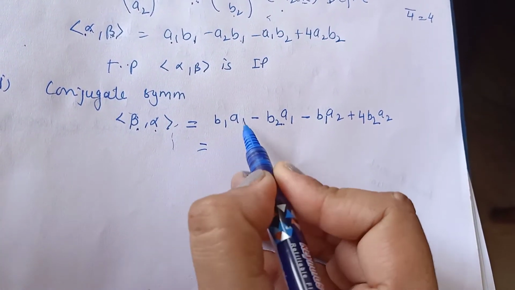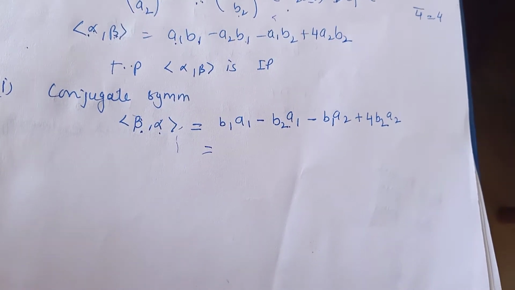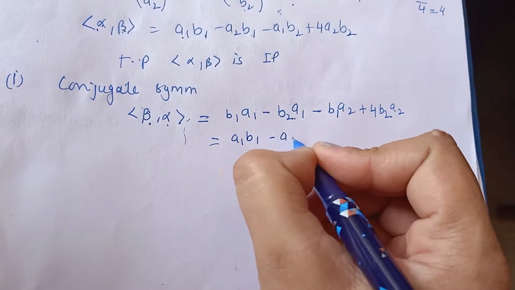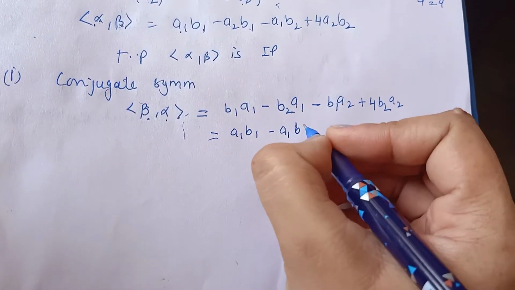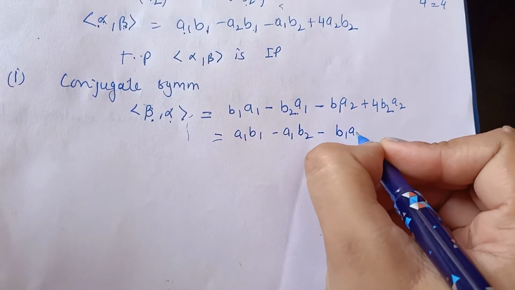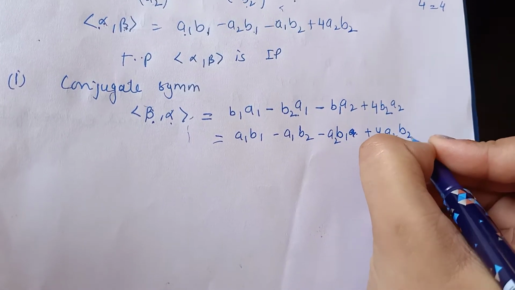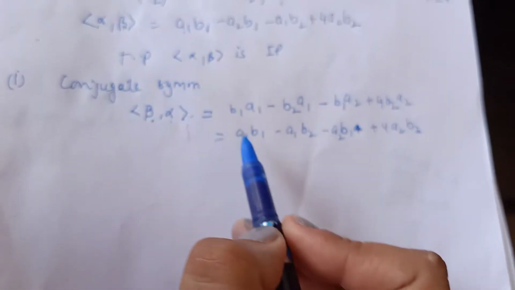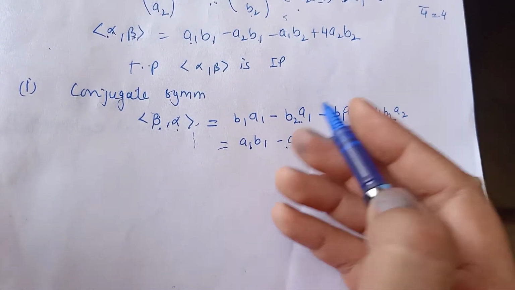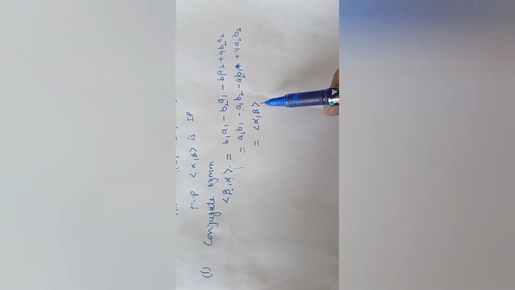So these real numbers satisfy the symmetry property, and we can interchange them to write like this, and 4 a2 b2. Now if you compare, the first term is the same, this term is the same, and this is the same, so this is equal to the inner product of alpha and beta.